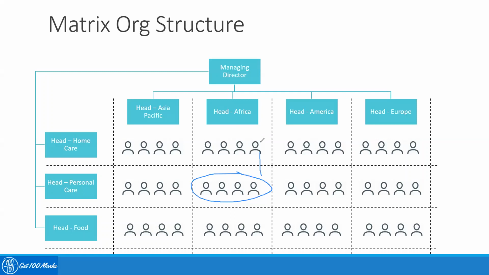One is they are assigned to Africa as a geography, so they might be located in Africa, they might have an origin in Africa, they might be based out of one of the African countries, but they will have a horizontal alignment to the personal care industry as a category. So maybe they are experts in that industry, maybe they have past experience in that industry, etc.